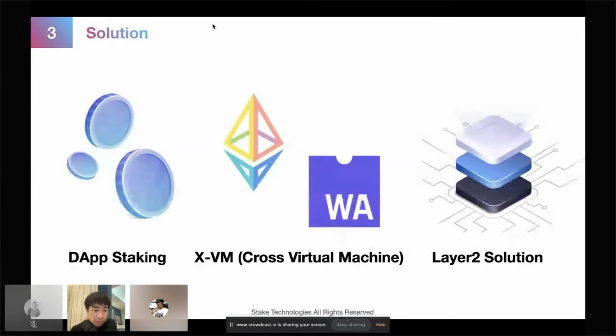This is the solution: dApps staking. Again, dApps staking is a basic income system for all developers. Long story short, by making smart contracts on Astar Network, you can earn Astar token, the native token of Astar Network, from block rewards. In our blockchain ecosystem, 50% of block rewards goes to validators and 50% goes to dApps developers and the community.